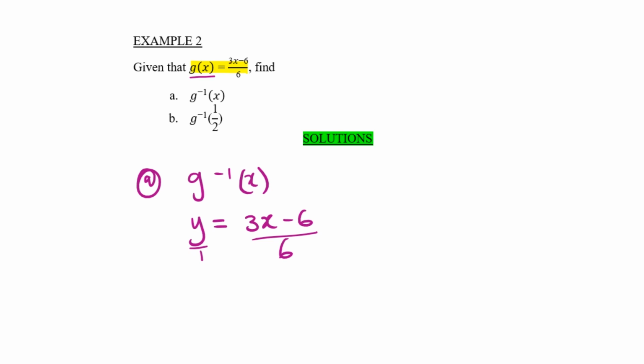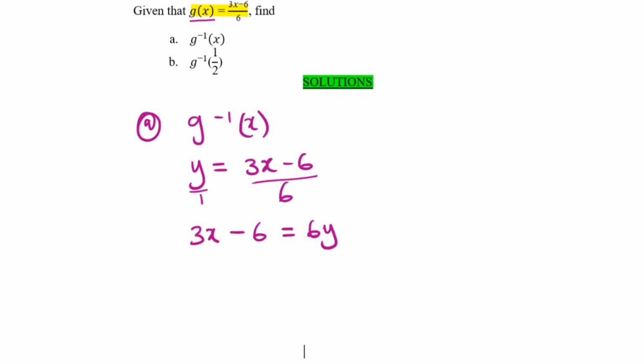This y is over 1. 1 times 3x is 3x. 1 times 6 is 6, so minus 6. Then y times 6 will be 6y.